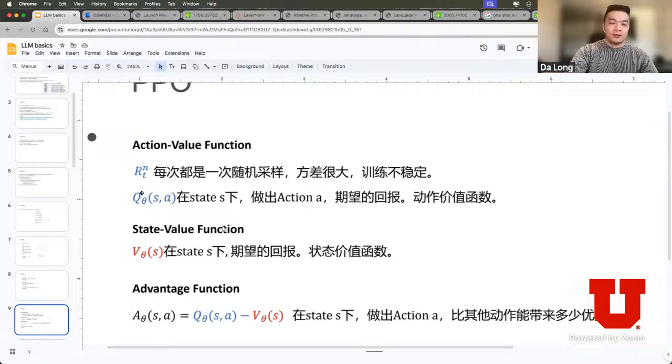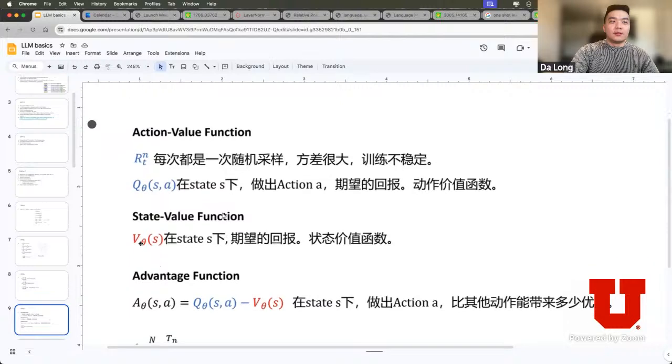So this is the definition for Q. And the big V here is the state value function. It means, under the state, the expected long-term reward over all of the possible actions. So it is basically the expectation over the actions of the Q here.